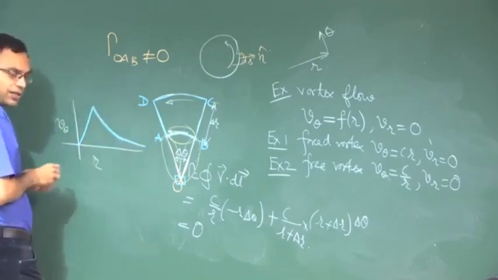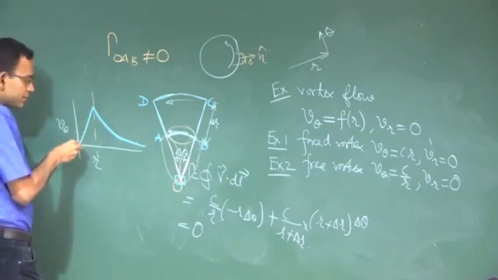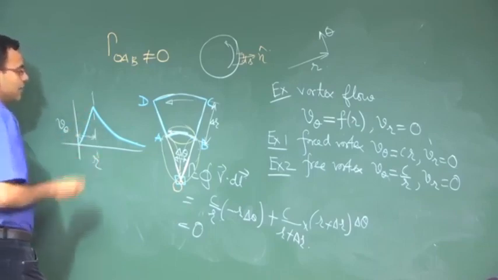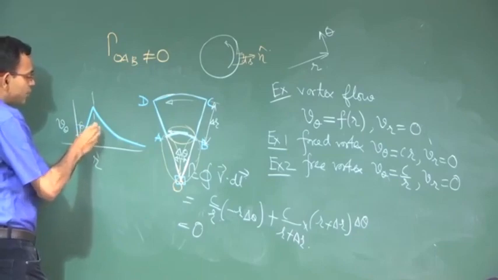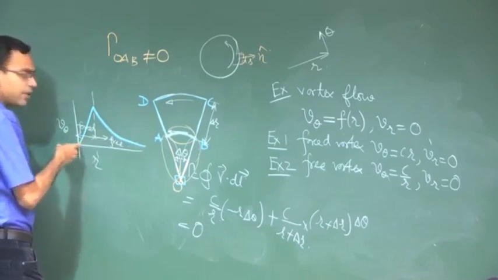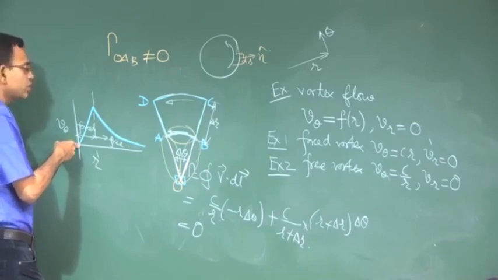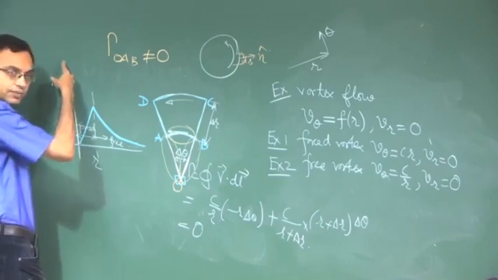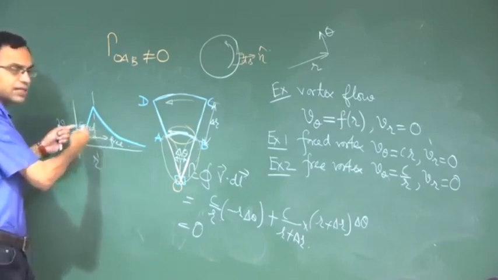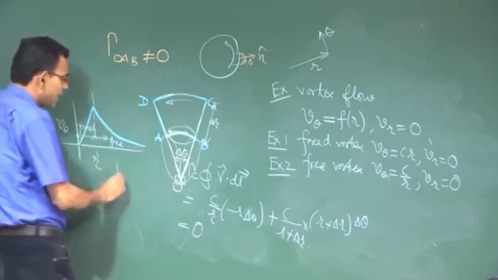So, there is a small distance from the center or from the axis of the tornado, up to which you have the vortex as forced vortex, and from here you have the vortex as free vortex. Why you do not consider free vortex here is because then you will get the singularity, that is, as r tends to 0 you will get v theta tends to infinity. So, that is not practically feasible. So, you have a cutoff radius, and within the cutoff radius you have the forced vortex. So, this model is called the Rankine vortex.